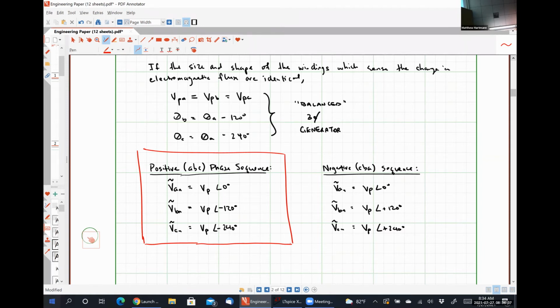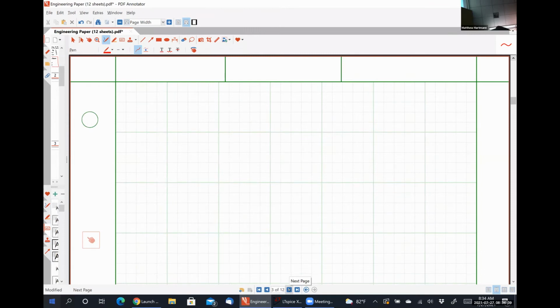All right, so this is the part where I would argue things tend to get a little bit more confusing, okay? So in a three-phase system, there are multiple ways that we can connect our sources and our loads. And so what we're going to do pretty much for the rest of this class is talk about the different ways that sources and loads can be connected to each other and identify specific quantities of interest.